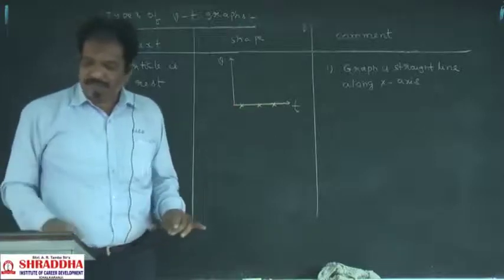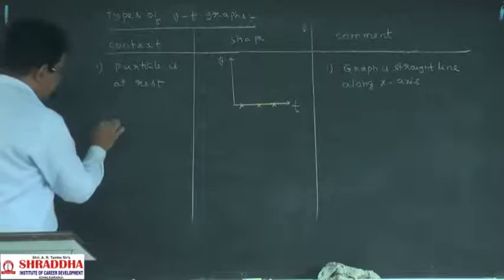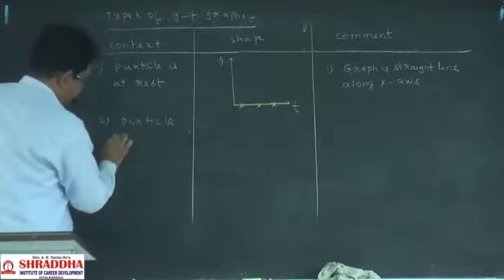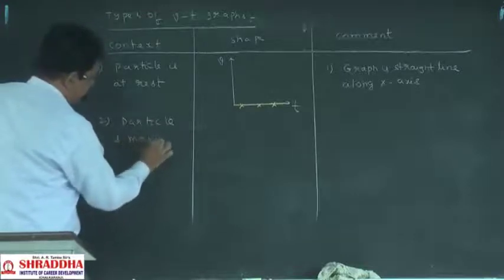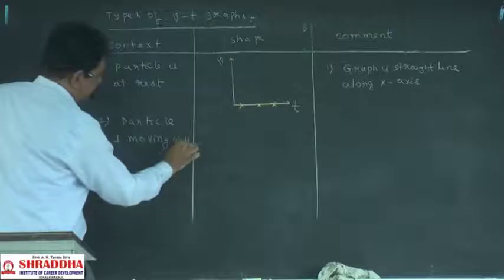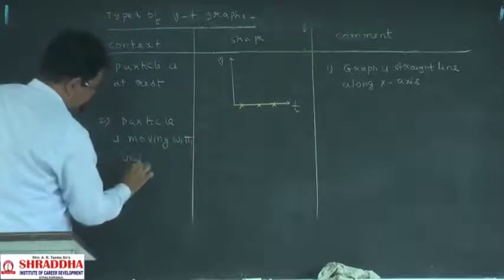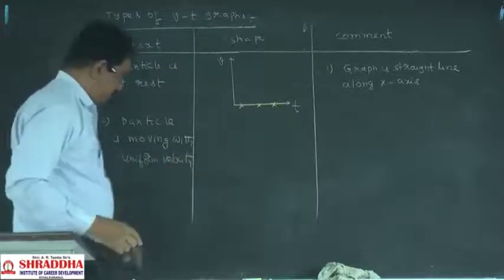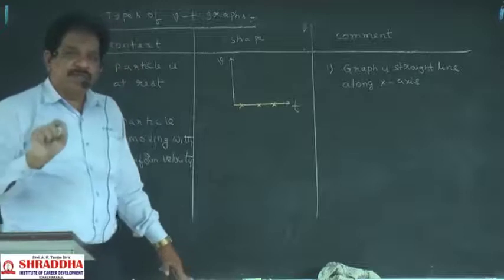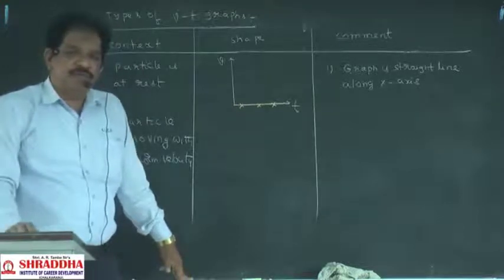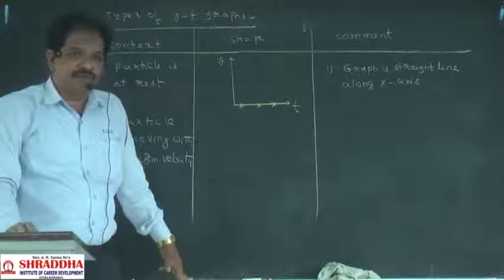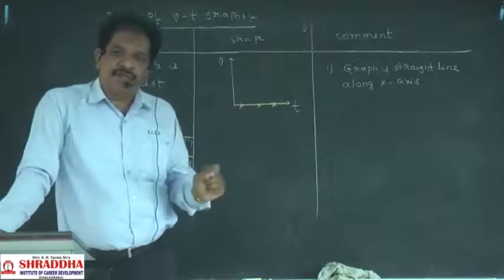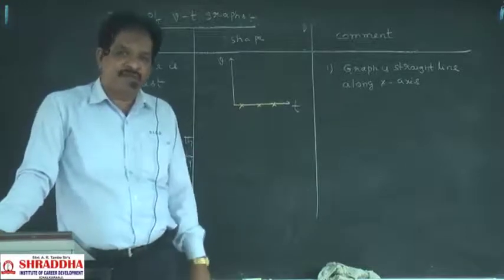Okay. Second one, body or particle, whatever it may be, is moving with uniform velocity. Particle is moving with uniform velocity means its velocity is constant. Its velocity is not changing with time.